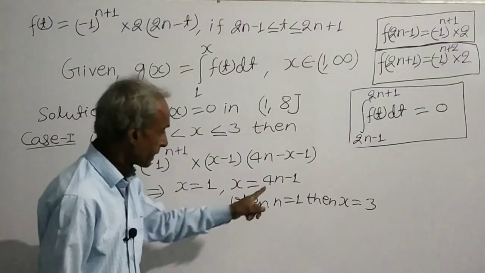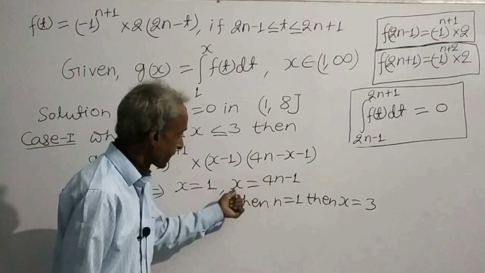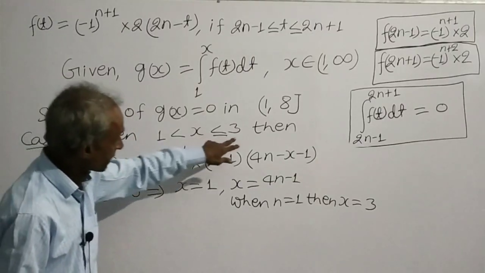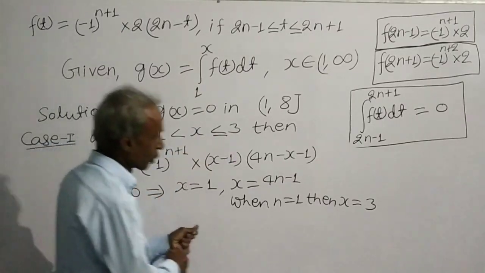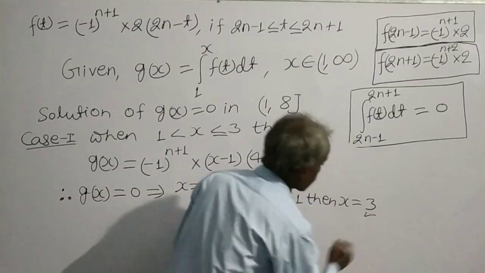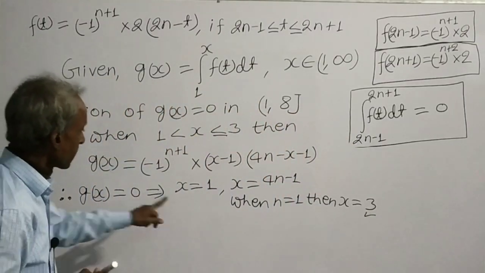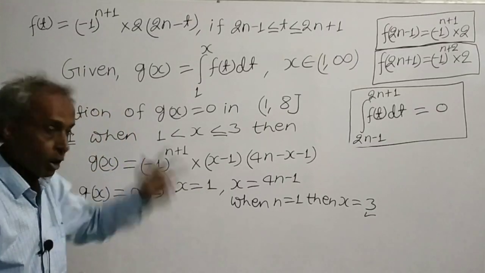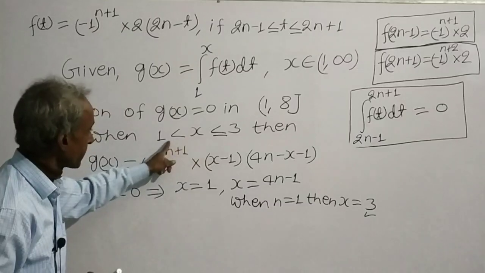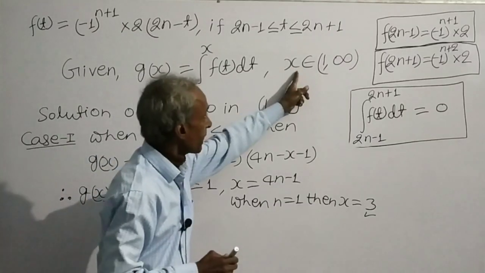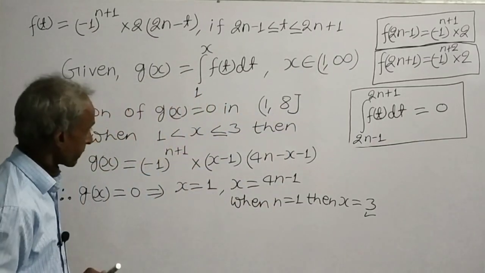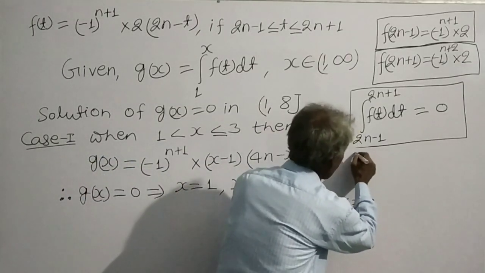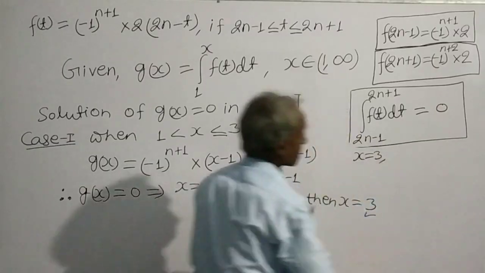When we put 1 in place of n, we get x = 3. Since x can be equal to 3, this value of x is accepted. But the solution x = 1 will not be accepted because x is greater than 1. Thus, the acceptable solution in this case is x = 3.